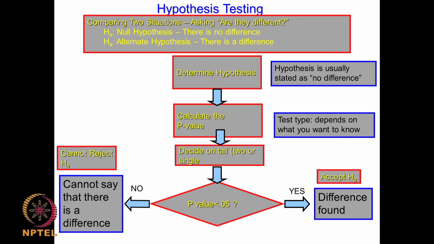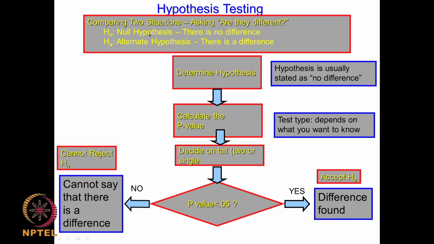So, there are many statistical tests available which you need to use to compare two sets of data and say whether one set of data is different from another or they are similar. Before you perform any test, we need to create the hypothesis.